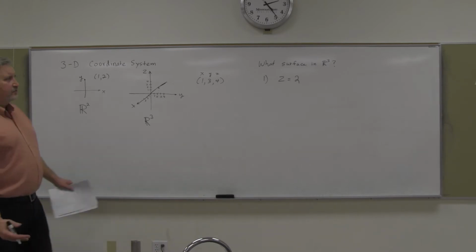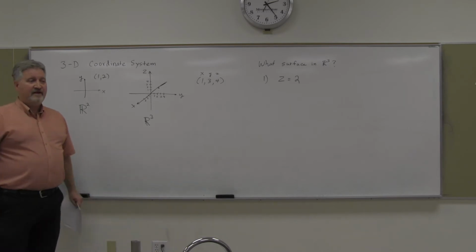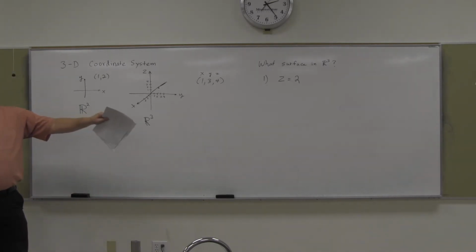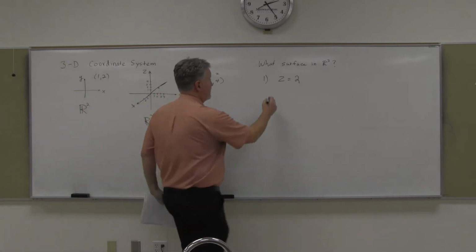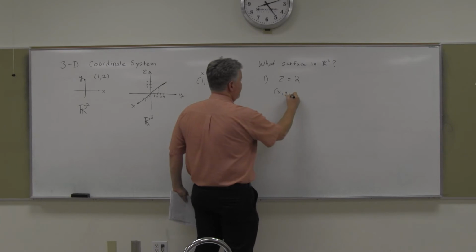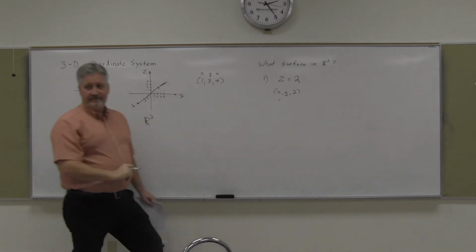Well, z equals 2, as far as the surface goes, if you think about it, since I just specified that z is 2, x and y could be anything. And so we're going to put all the points where you could have x, y, and then the z is 2 together. Well, x and y can be anything.